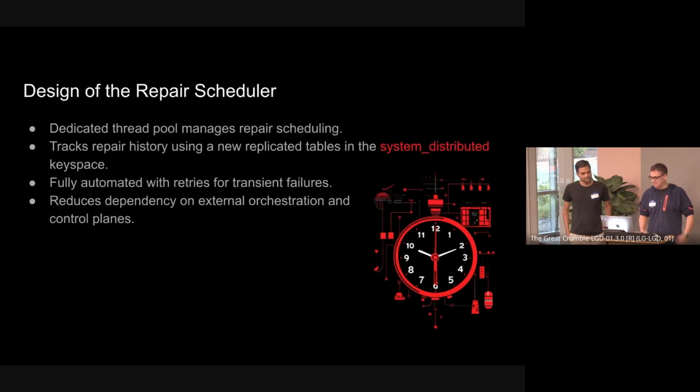So jumping into the design, there is a thread pool for each type of repair that's going to be on a scheduler. The history is going to be replicated in new tables in the system distributed key space. And it'll be fully automated with no dependencies on external orchestration control flows.